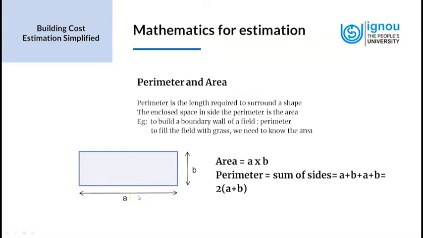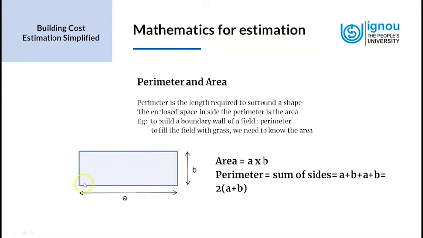A perimeter is handy when we are trying to find out the boundary wall that we need to construct around a plot, or if we want to construct a fence around a field, again we use the concept of perimeter.